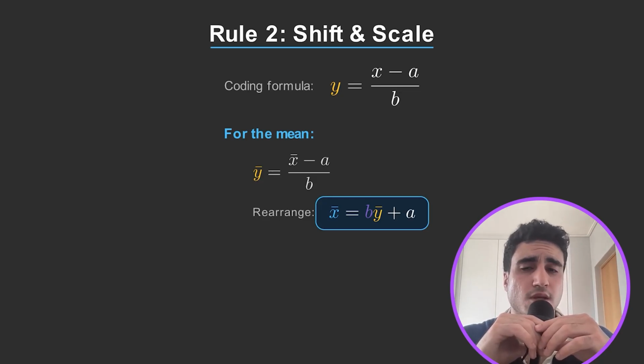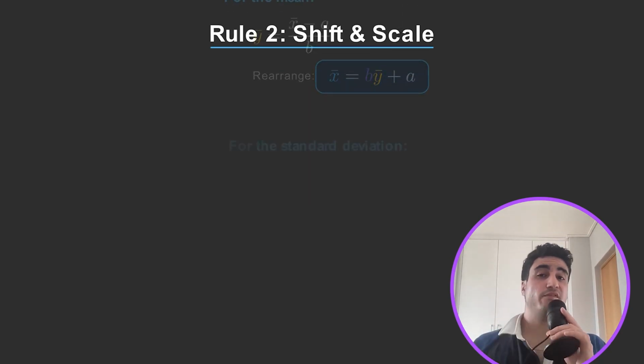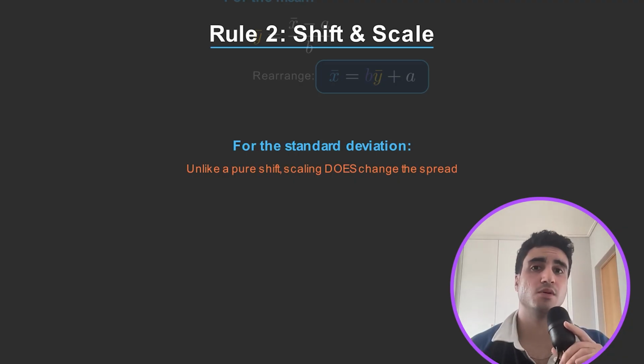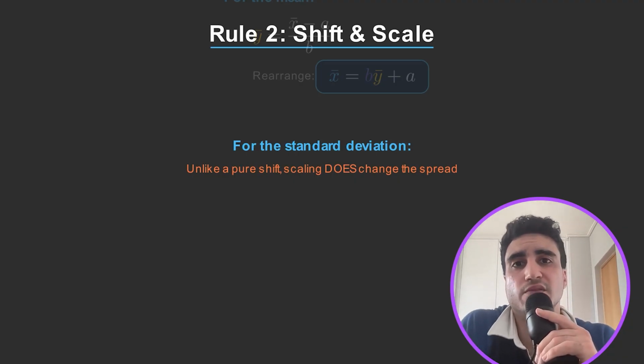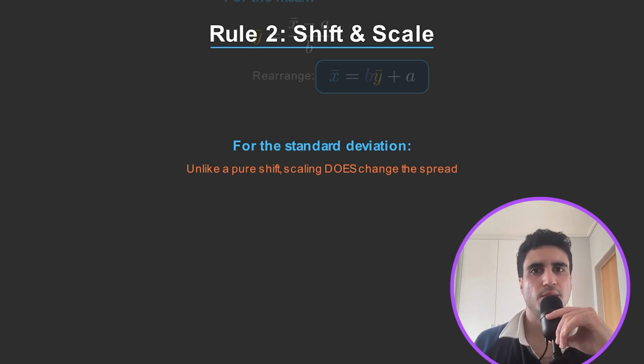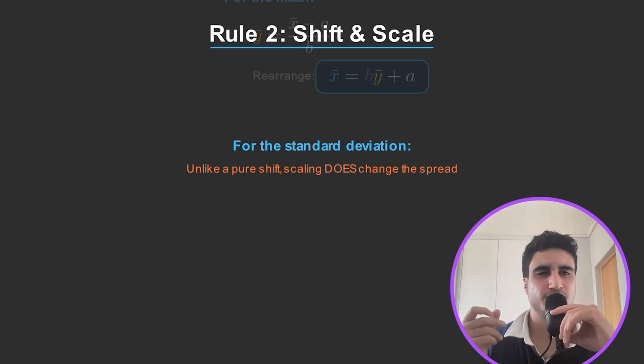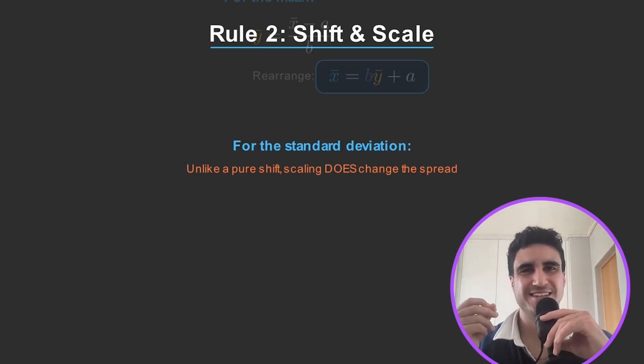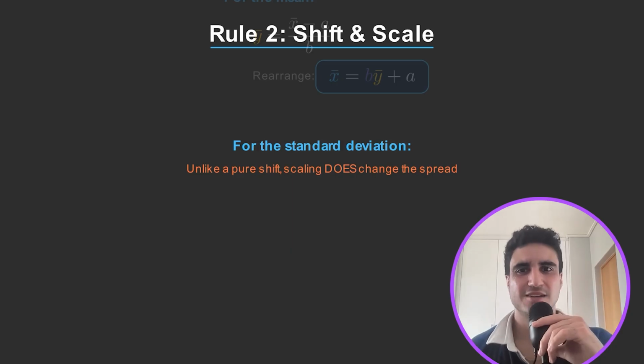And with the standard deviation, unlike before, this time there's going to be some kind of change happening. Why? Because this time we are scaling. Before we were simply shifting, and because we're scaling, the standard deviation is going to scale also.